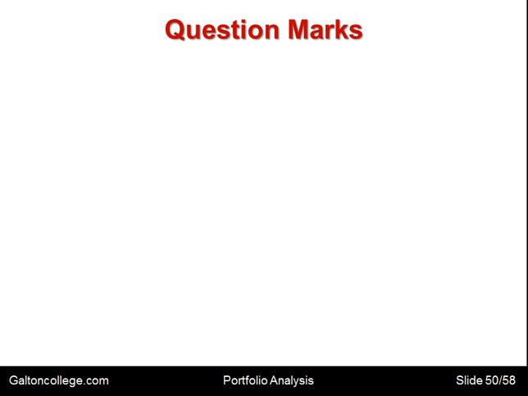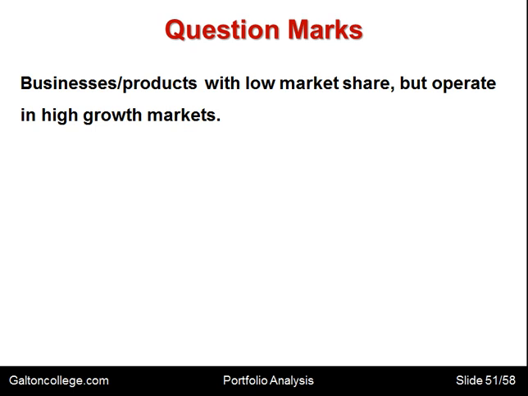Next, we have question marks. Businesses or products with low market share but operating in high growth markets. So they have a low market share but a high growth market. Now, low market share and a high growth market, well, it's a question mark.